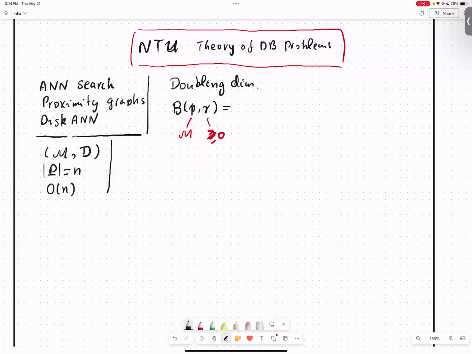So this ball says, I'm going to look at every single point Q in the metric space, and evaluate the distance between P and Q, and I want to know if this distance is less than or equal to R. If so, then it's included into this set, and this set is the ball. You see what I'm saying? So the ball has no shape. It's good to compare it to a ball in two-dimensional space, but you have to remember this is a set, and this set is called a ball.